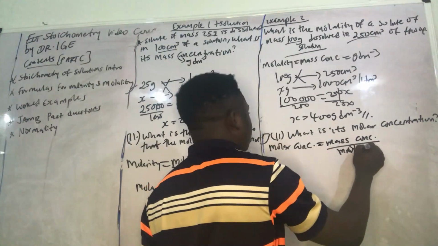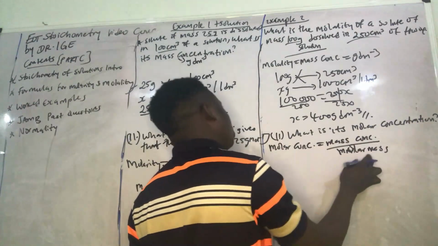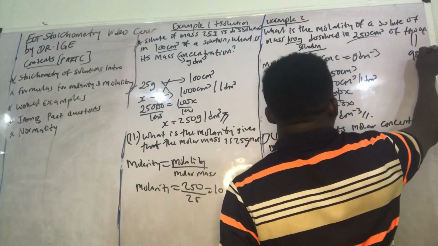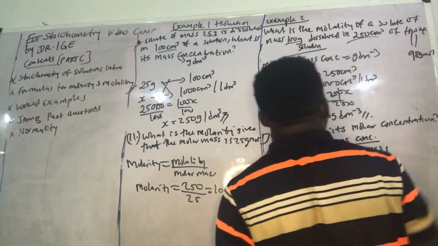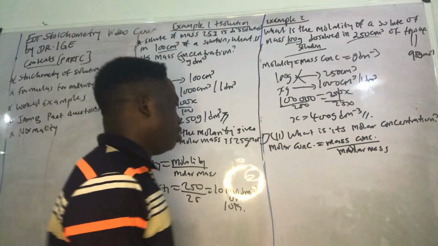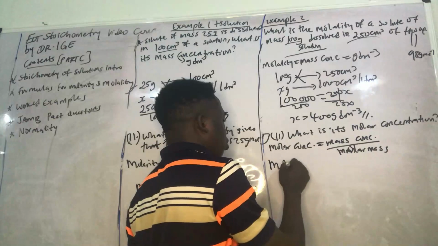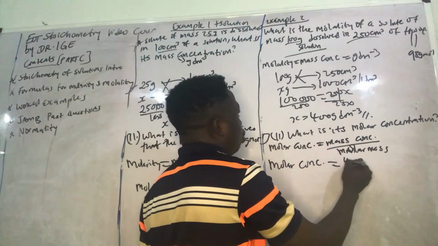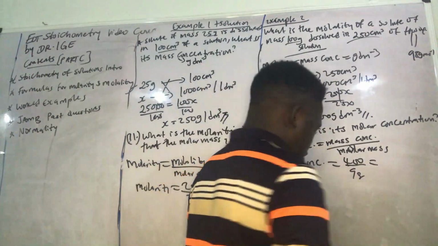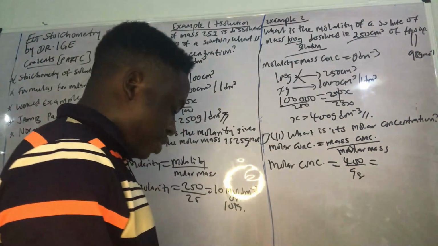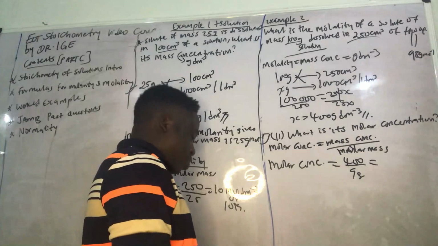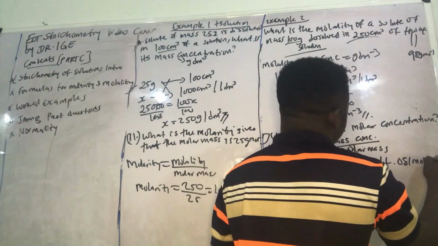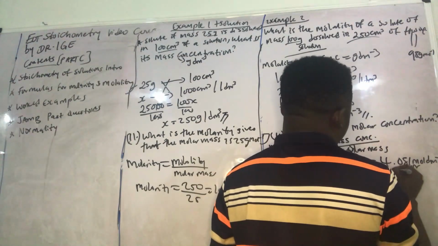The molar mass of H2SO4, from the videos we're solving, is 98 gram per mole. You can calculate it yourself and you will see it too. So molar concentration equals the mass concentration, 400, over 98. 400 divided by 98 gives us 4.018 mole per dm3.